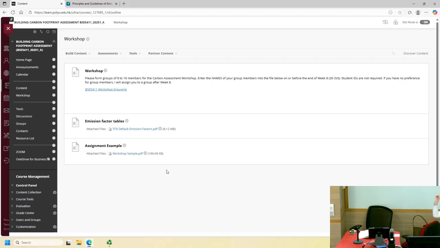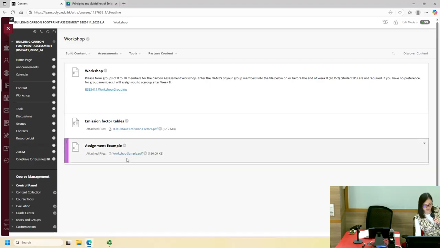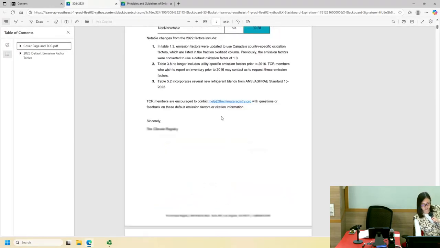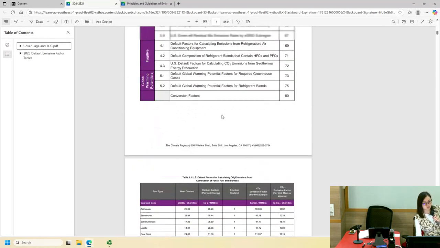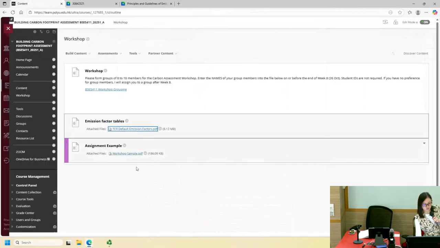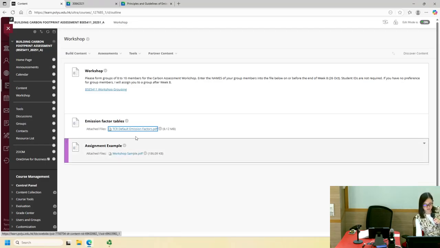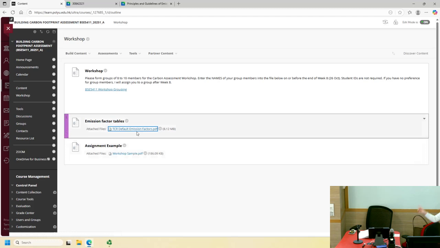If you have time this week, you can take a look at this document, and next week I will explain what these calculations are. You may read this example together with this set of emissions factor tables. These are the emission factor tables that we need to use for the workshop, so these two have to be studied together. Next week, we will also have a look at this example.